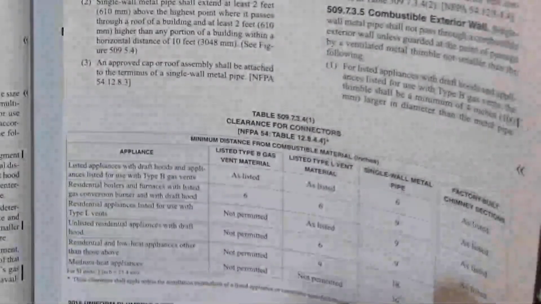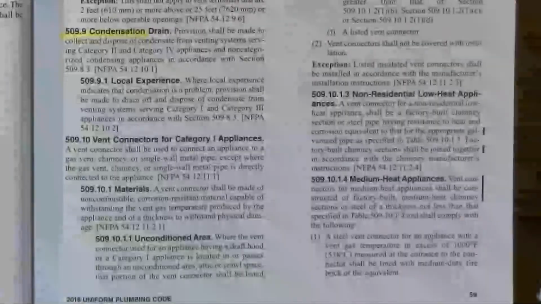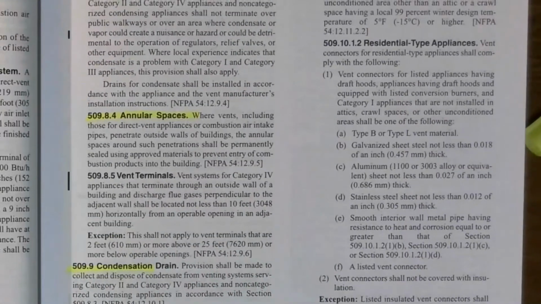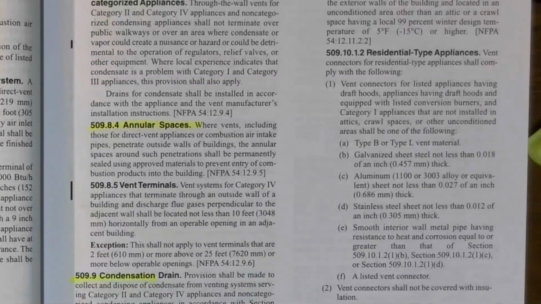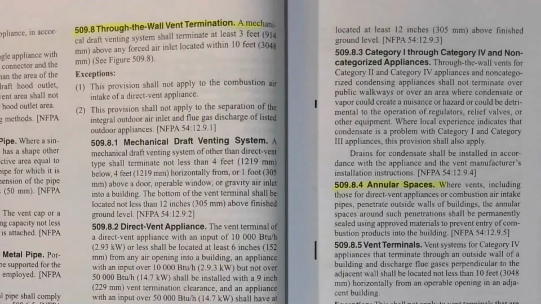And turn the page, turn the page. And we go here. So section 509.8, sorry. Through the wall vent termination. A mechanical draft venting system shall terminate at least 3 feet above any forced air inlet located within 10 feet.